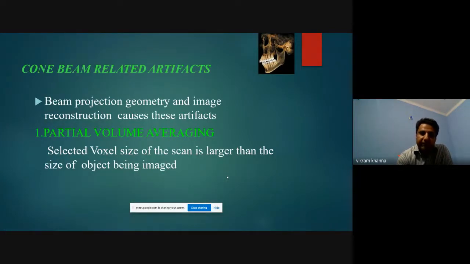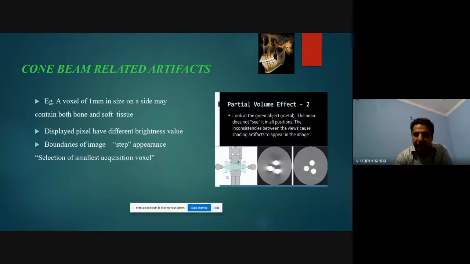Cone beam related artifact. There are two types of cone beam related artifacts. One is partial volume averaging. This is partial volume averaging. Suppose you are acquiring a radiograph where this voxel has been partially exposed by the image.